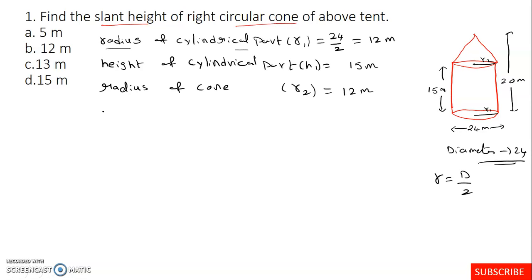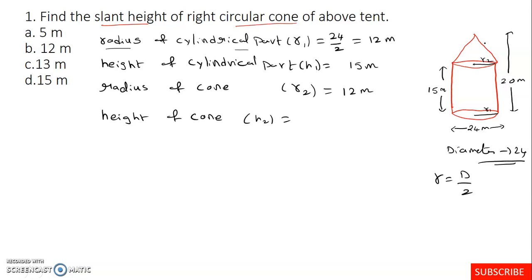Now you should go for the height of the conical part. Name it h2. How will you find the height? We have the radius of the cone, and we have to find the height of the cone. The total tent height is 20 meter, and in the cylindrical part the height is 15 meter.